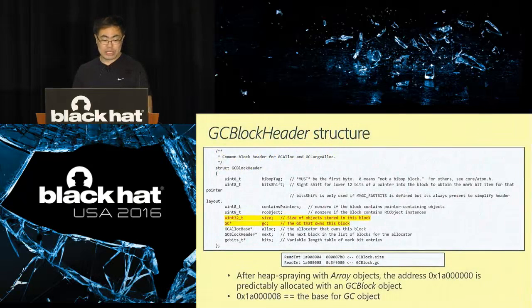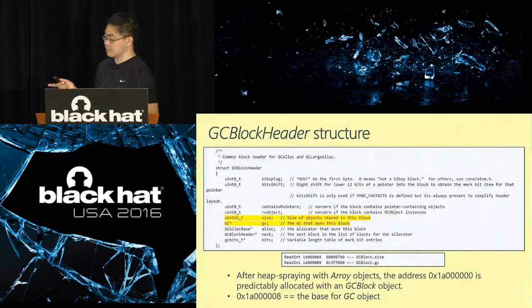So if you look into the GC block header structure, if the exploit does some heap spraying, the specific address here, 0x1a000000, is predictably allocated by the GC block object. So the exploit knows that after some spraying, if you read this address after you acquire the RWM primitive, you are reading the GC block header.